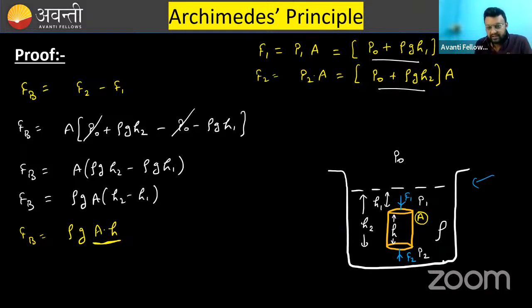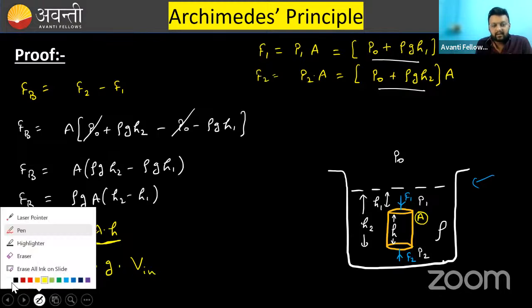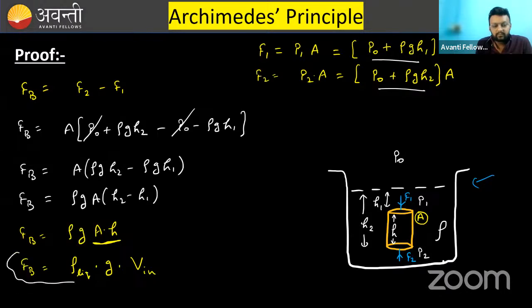What is rho? Rho is the density of the liquid. So buoyant force, I will write, is the density of liquid into g into volume. A into H is the volume of what? Inside the liquid. That's what we need to prove.